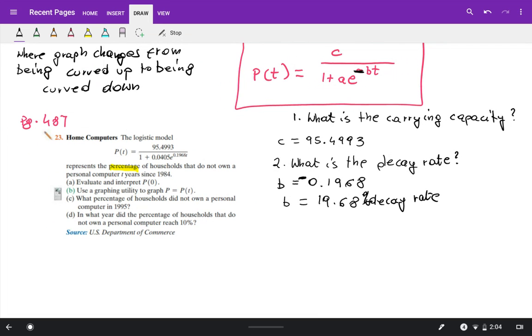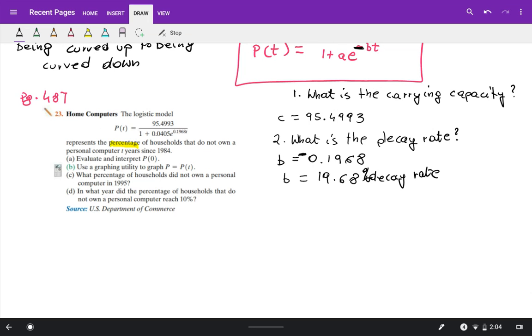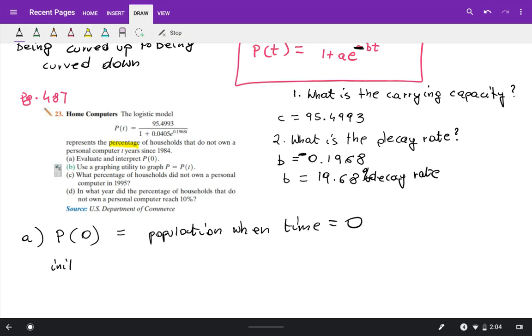Now we're going back to the problem. A: evaluate and interpret P of 0. P of 0 means the population when time equals 0, which is our initial population.